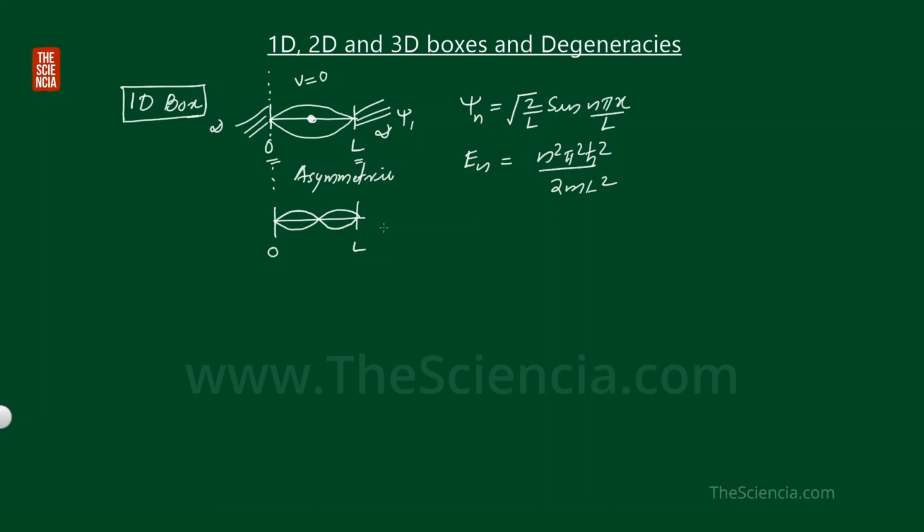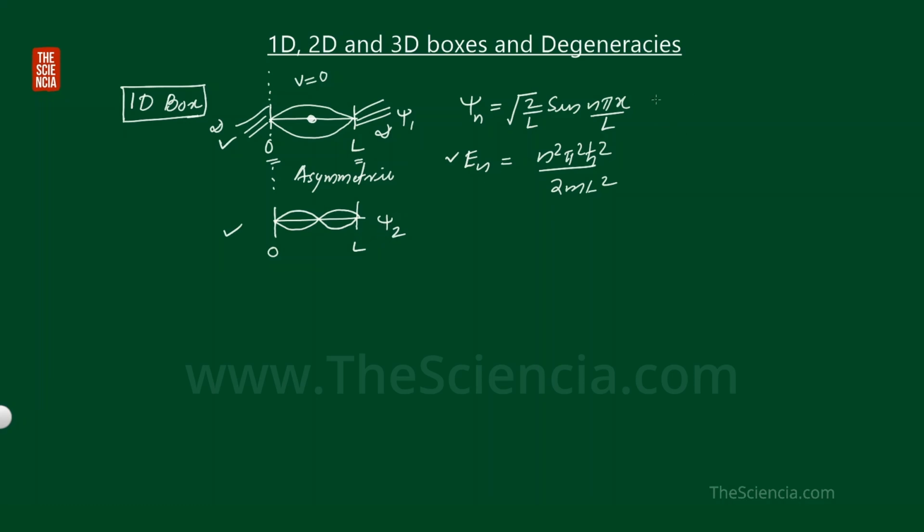Then this corresponds to wave function psi 2. Here you can see the wavelength is different in these two cases, and you know the wavelength is associated with the frequency and frequency is associated with the energy. So if the wavelength changes, the energy of the particle also changes. That is why we get different energies for different wavelengths.